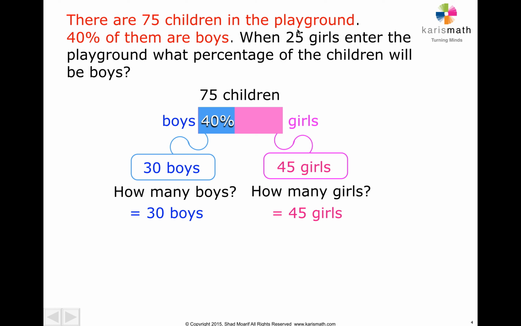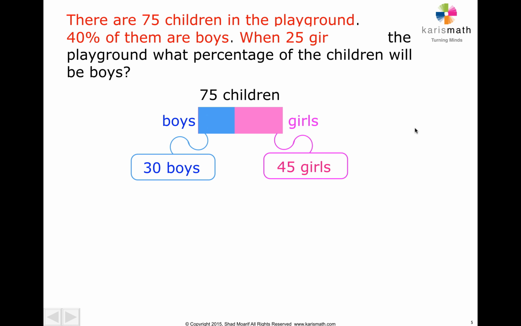Okay, now when 25 girls enter the playground, imagine 25 girls enter the playground from here, there. We add them to these girls. When they enter the playground, how much does this become? 25, and there's 45 before. So this becomes 70. 70 girls altogether and 30 boys altogether.